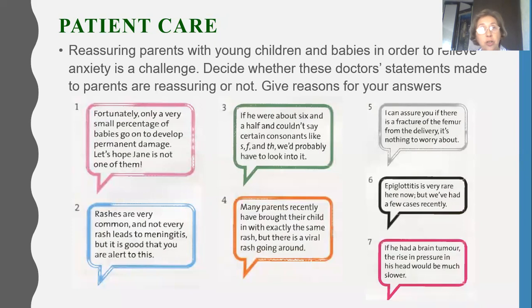It's better to change it into the second conditional structure, if there were a fracture. So maybe in this case it would sound more reassuring. It's nothing to worry about, but there is some problem. Let us move it from the real mode to the imaginary one. It will be better.